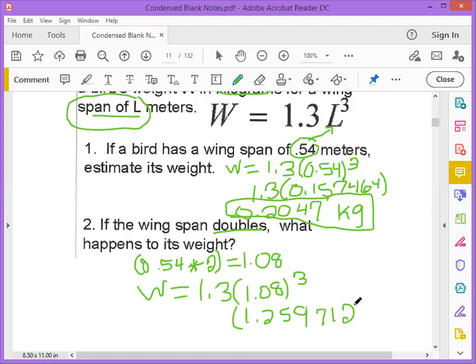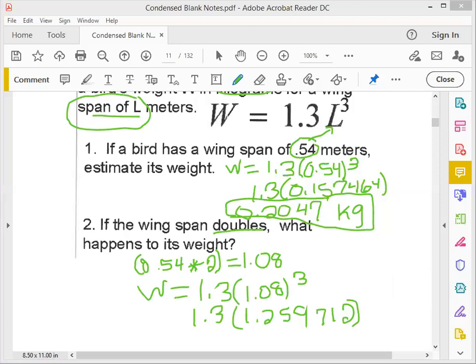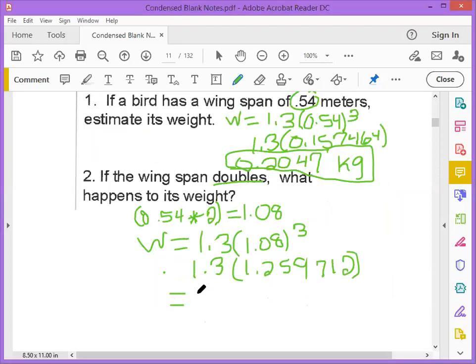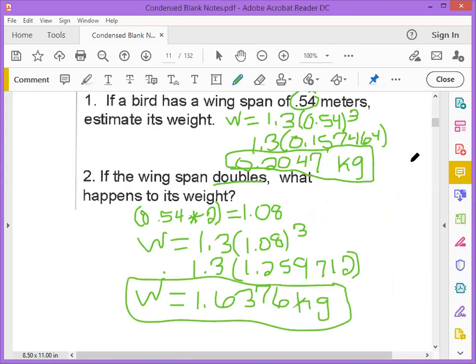Now we have to multiply this value by 1.3. And that will give us 1.6376. Okay, in kilograms as well. And that concludes our 1.4 notes.